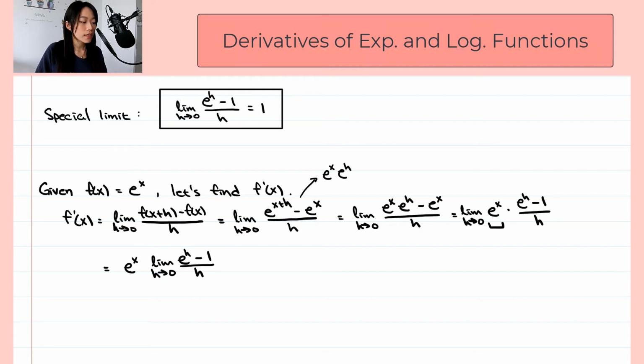If you recognize, this limit is the special limit that I just introduced, and it equals 1. So in summary, the derivative function of e to the power of x equals e to the power of x, which is the same as the original function.